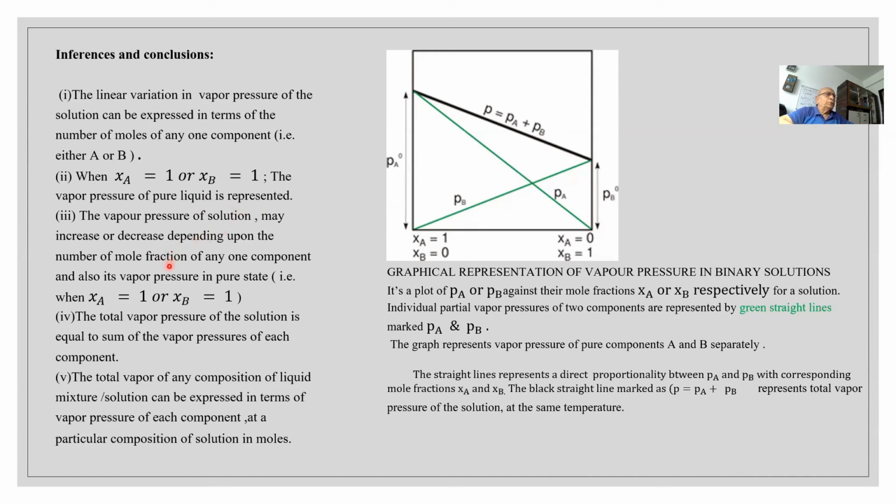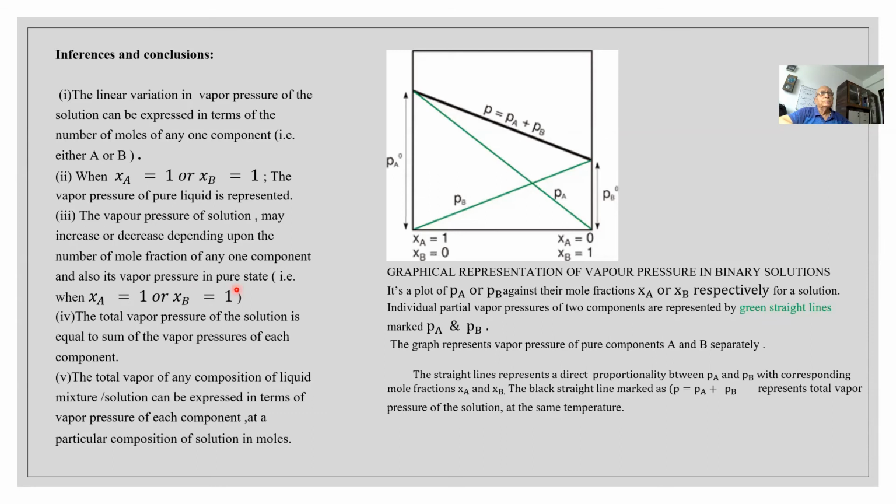Vapor pressure of a solution may increase or decrease. Very important here. This third point is very, very significant to be understood. The vapor pressure of the solution may increase also, it may decrease also, depending upon the mole fraction of any one component and also its vapor pressure in the pure state.